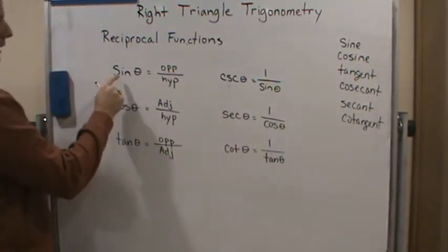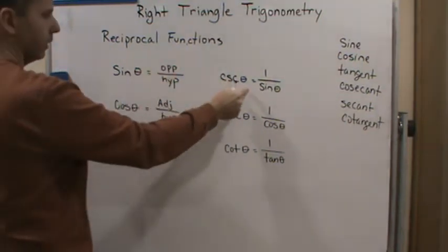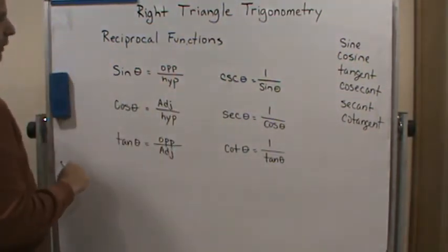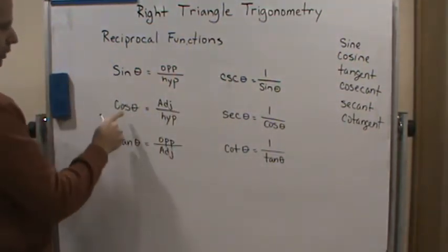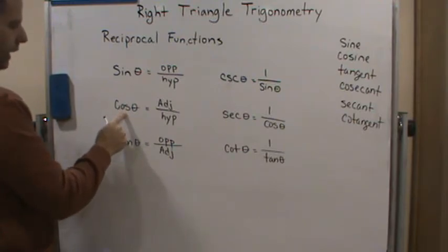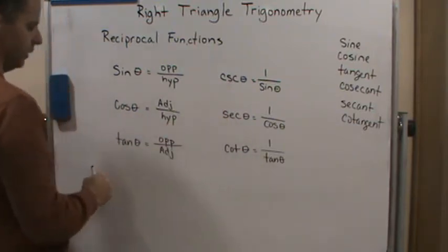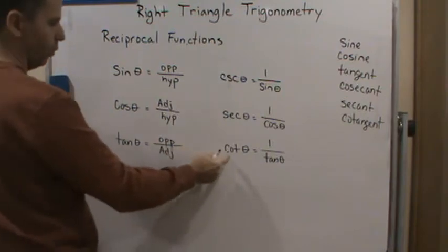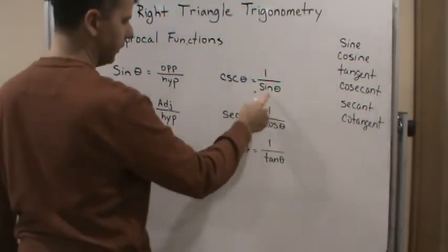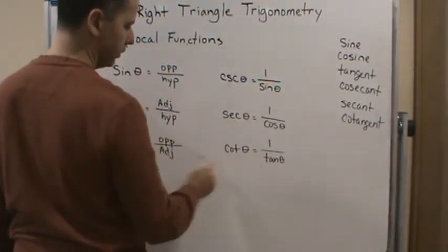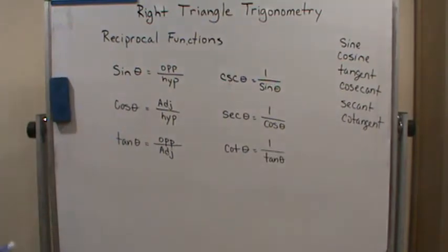You can also define sine as 1 over cosecant, or cosine as 1 over secant, or tangent as 1 over cotangent. You could just flip these, right? You could just switch those. Okay? And so, what does that mean?